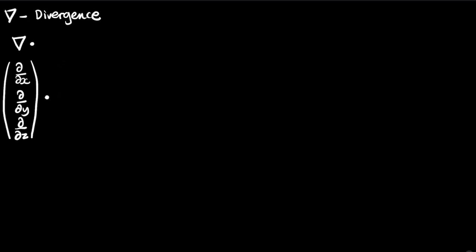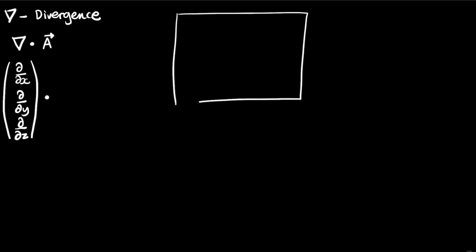So let's say we have a vector field called A, and this is a vector field rather than a scalar field. Temperature, I mentioned, was a scalar field, but this A right here is a vector field. You could think of a vector field as something like a wind map. The wind is going to be blowing with different magnitudes and different directions all throughout space.